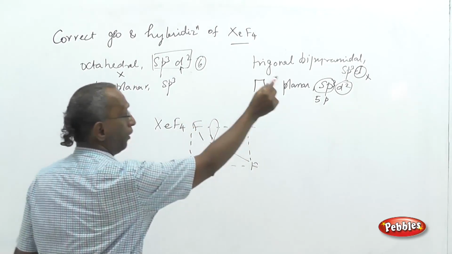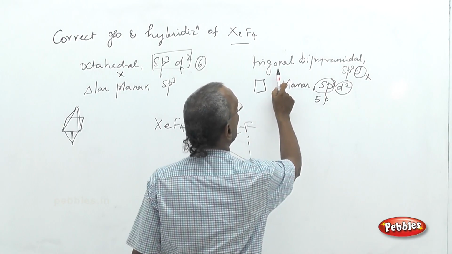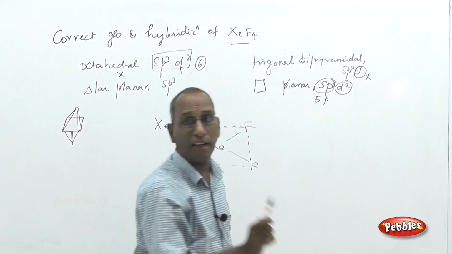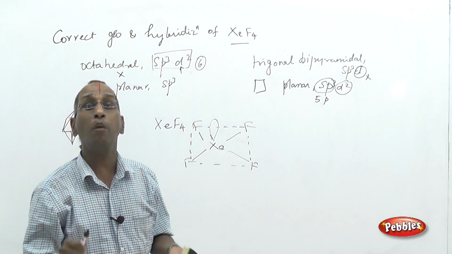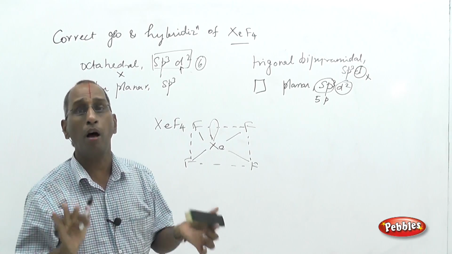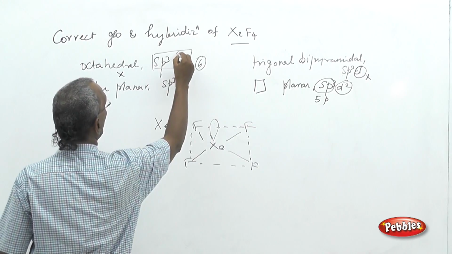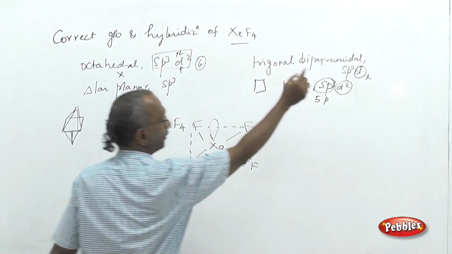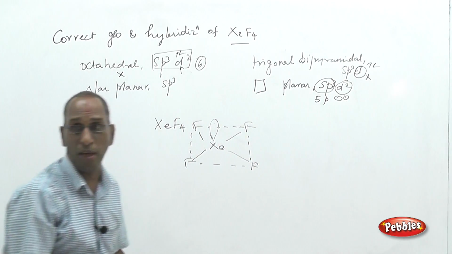Trigonal bipyramidal geometry arises due to the overlap of d orbitals with 1 or 2 electrons. In all these cases, the d orbital contains at least 1 or 2 electrons. Here, no electrons. That is to be noted.